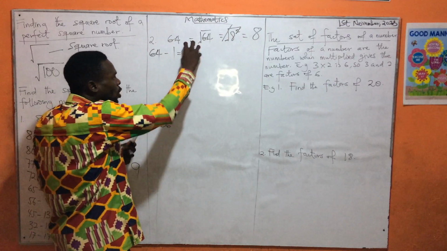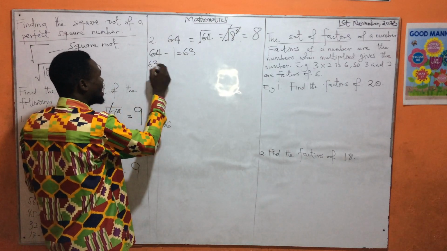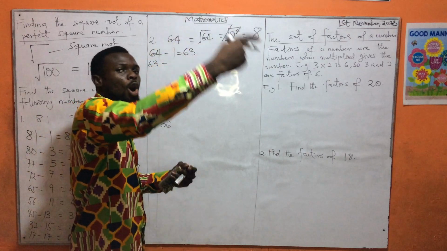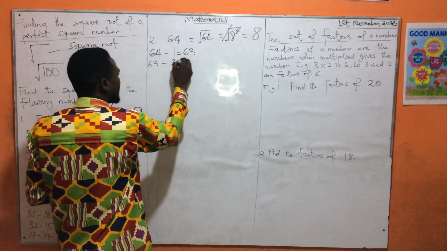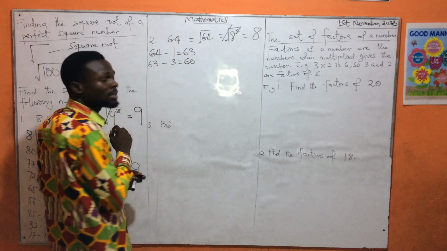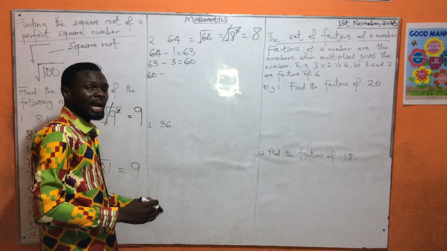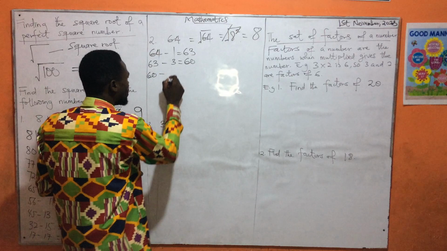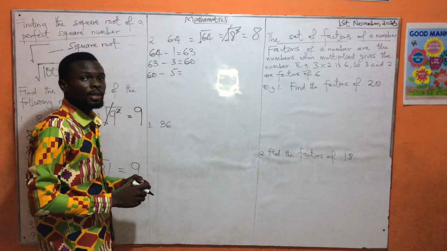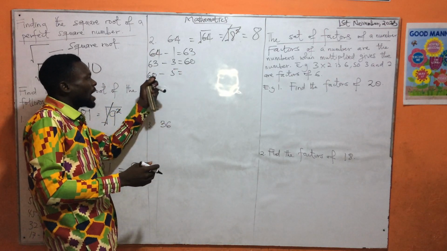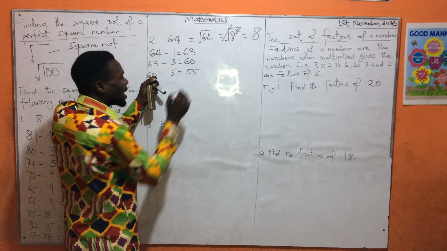With 63, subtract the next odd number, 3. That gives you 60. Now with 60, subtract the next odd number, which is 5. That will give you 55.